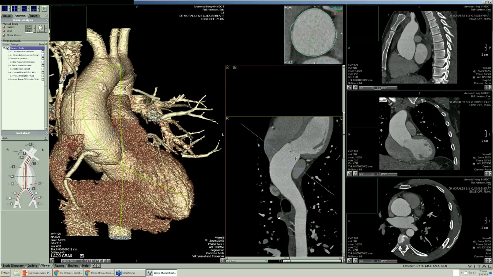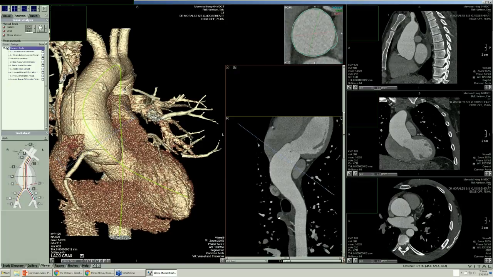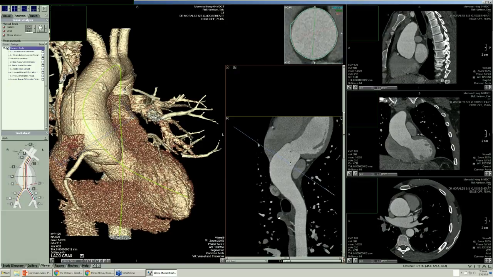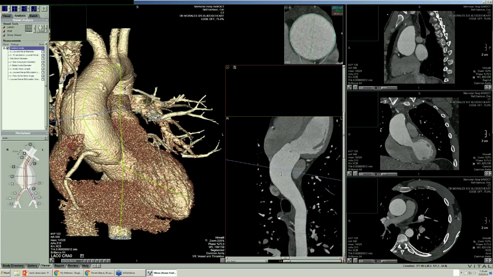We got 51 millimeters, 55 millimeters, 57 millimeters. There's 57. And so we're getting close to the biggest part there. Oh, there's a 59. 60 millimeters, bingo.